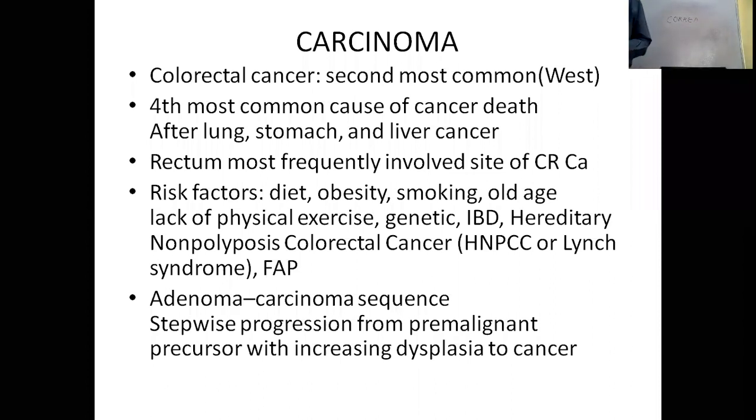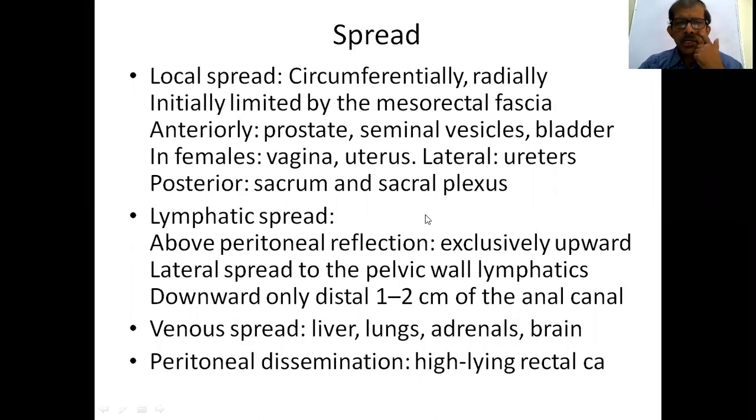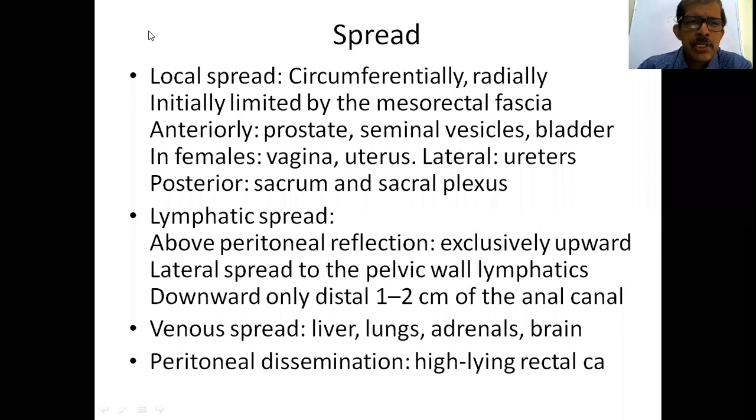So it is Korea who has proposed this idea that malignancy will start as adenoma. But that is in stomach, it holds good for colon and rectum also. Then how does it spread? All the modes are available, but what is important is local spread. The local spread can be circumferential.